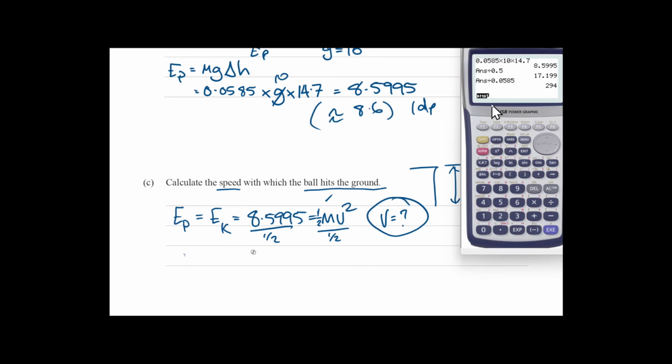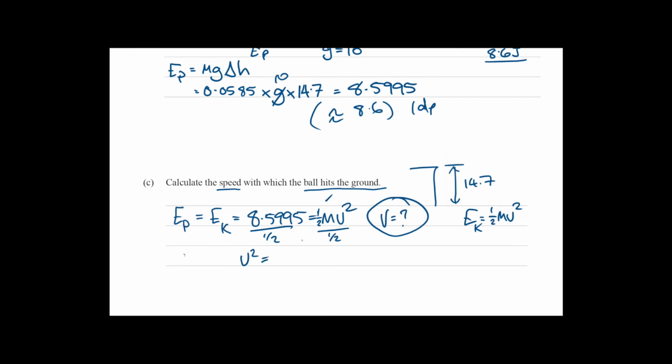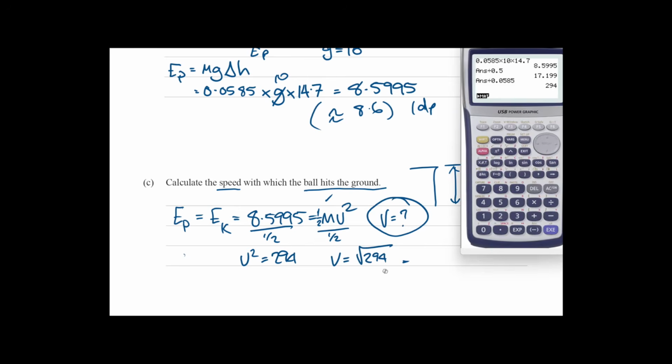So 294. So v squared equals 294. That means that v must equal the square root of 294. So let's take the square root of that, and we get 17.15.